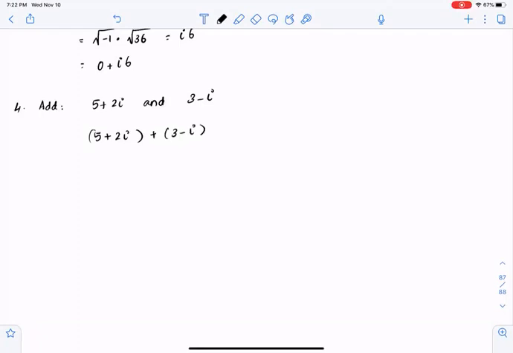I'm going to bring the numbers together, so 5 plus 3, and the i terms together, 2i minus i. 8, and 2i minus i is just i. So I end up getting 8 plus i as the answer.